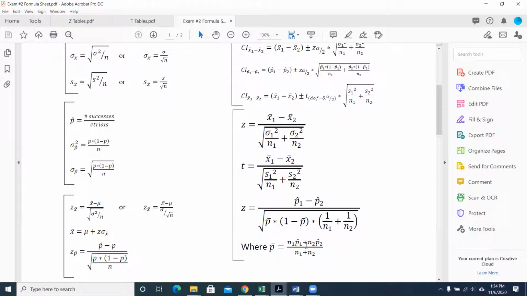And this is the one that required that intermediate step where you first calculate P bar, but it's the same components, just the sample sizes and the sample proportions in it. As far as more advice other than being able to identify the correct test statistic, it might be easier if you're doing this in a calculator to first calculate what this denominator would be.